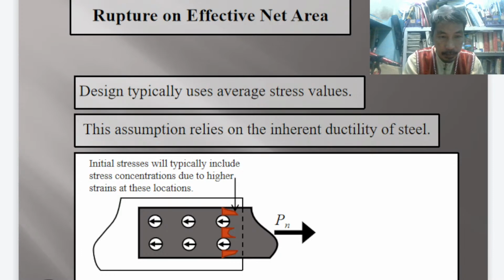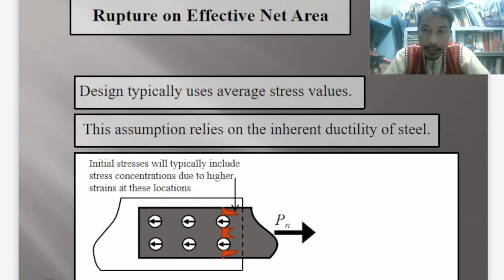Next, as you can see, initial stresses will typically include stress concentrations due to higher strains at this location. Take note of the red portions. The red portions are actually the net area left, the net area retained after the holes were punched or drilled.